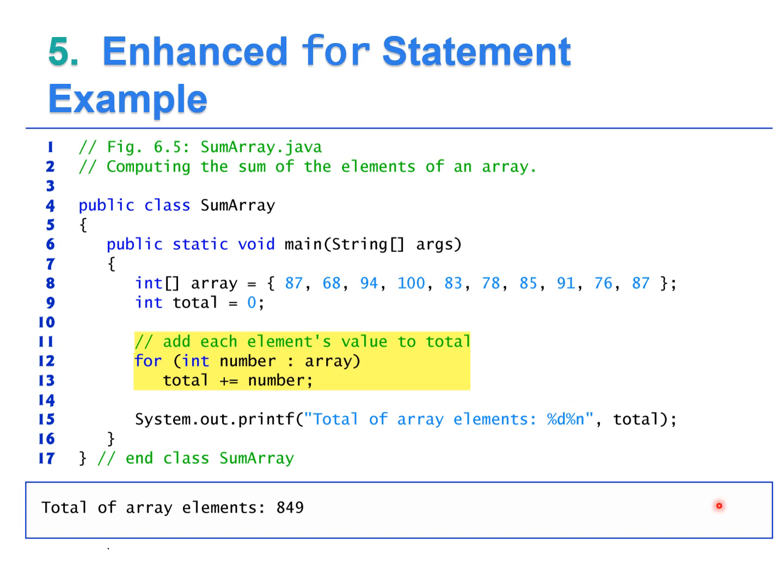And in the for loop body, we replace the index variable with the variable number. This enhanced for statement is equivalent to the for loop in the original sum array program.